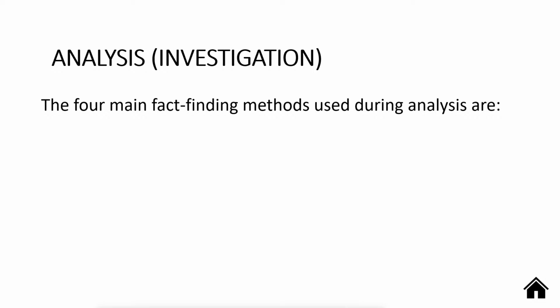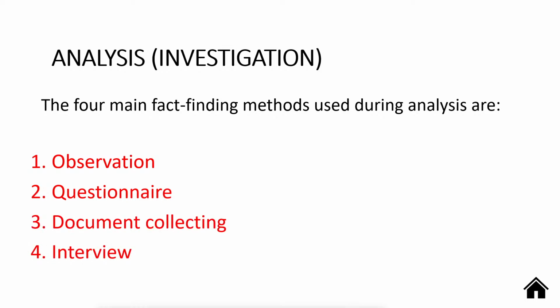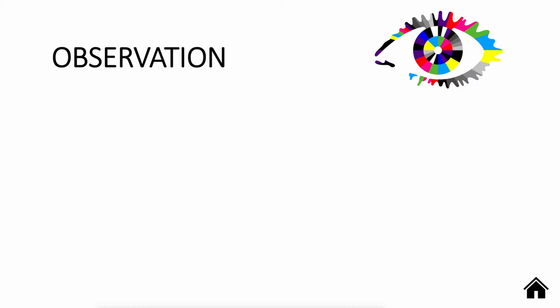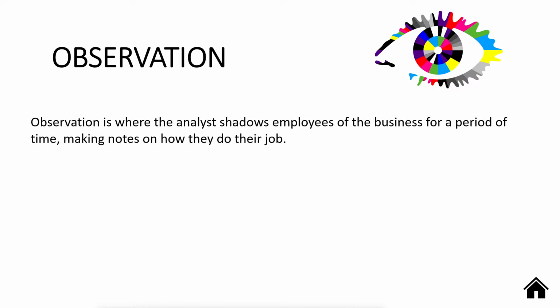So there are 4 main fact-finding methods during analysis. We have observations, questionnaires, document collecting, and interviews. When it comes to observation, you are literally shadowing and watching how employees use the system that they currently have. If they don't have software, then you just watch the clerical process that's going on.